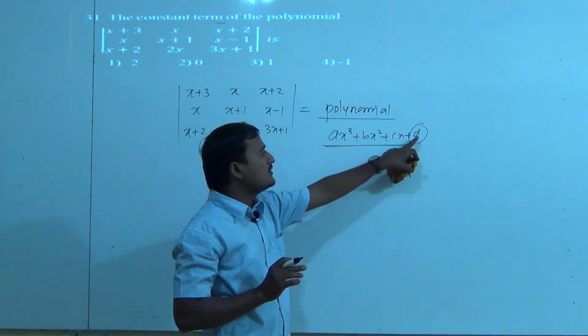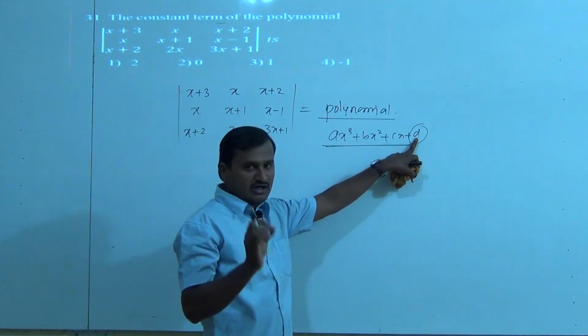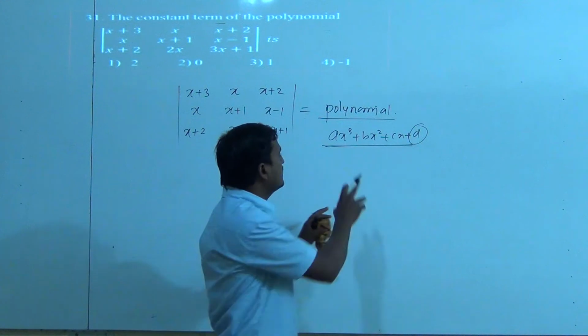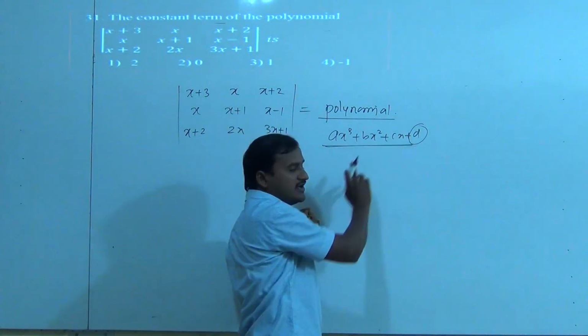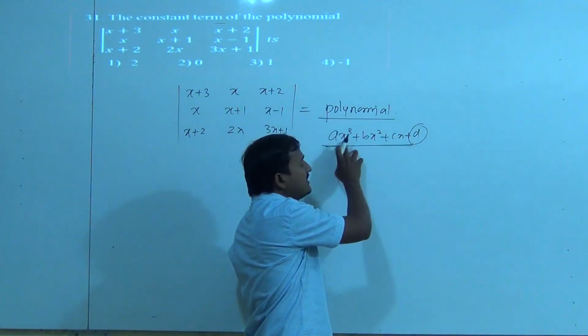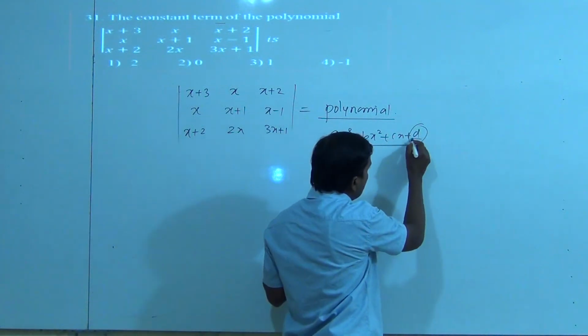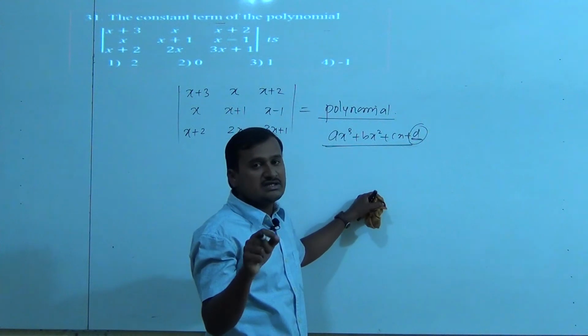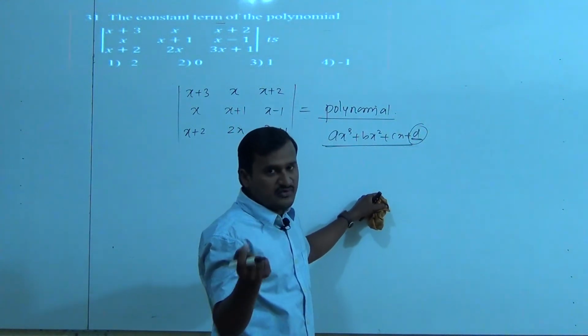The constant term means the one which does not contain any variable. The variable here is x, but the constant is independent of its variable.